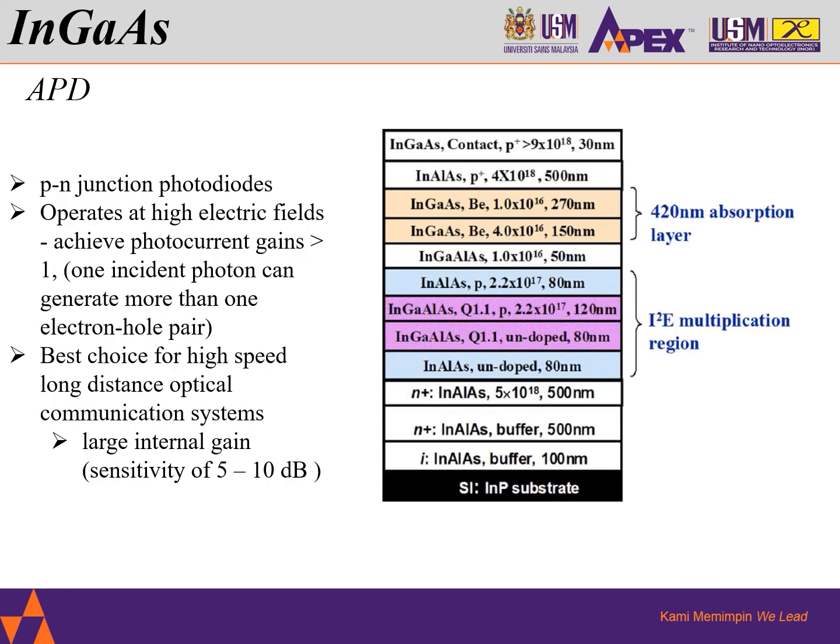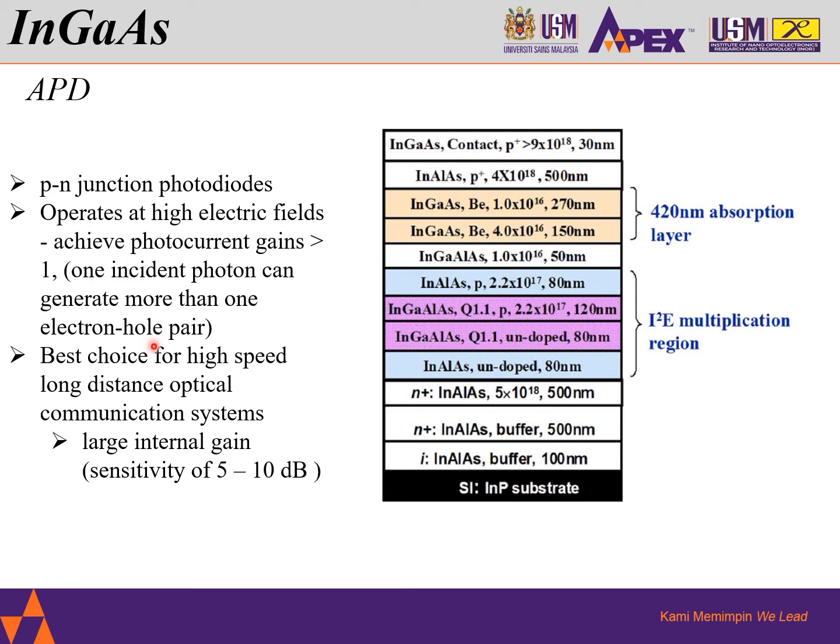Indium gallium arsenide avalanche photodiodes, APD. This kind of structure consists of a p-n junction photodiode. It can operate at high electric fields in order to achieve a photocurrent gain of more than 1, where one incident photon can generate more than one electron-hole pair.